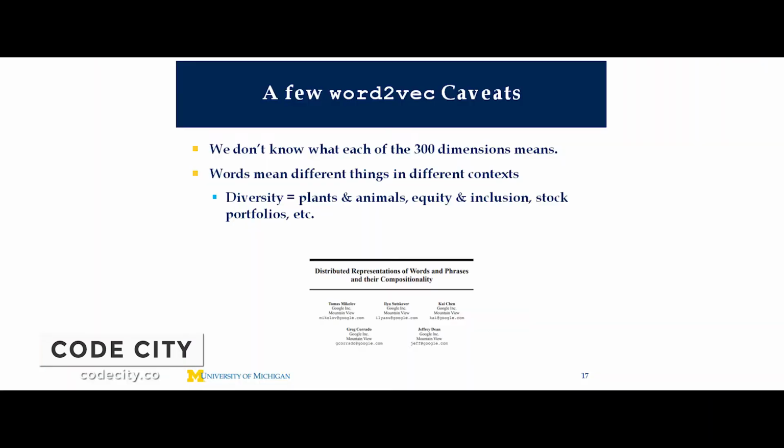Another thing is that words have different meanings in different contexts. So again, I told you about the diversity, equity, and inclusion initiative. We put in diversity, and we were getting all kinds of wild stuff, like genetic diversity, plant diversity, animal diversity, stock diversity, which wasn't the diversity that we were looking for. This is a challenge with the tool.